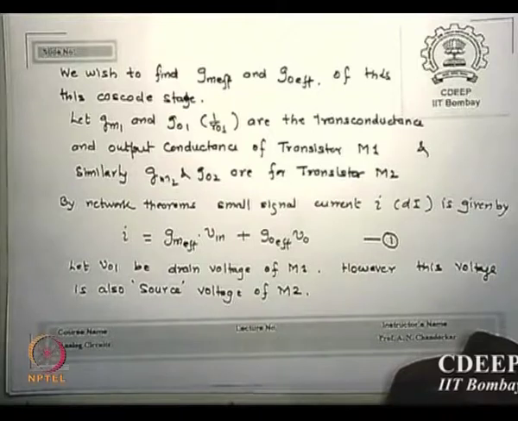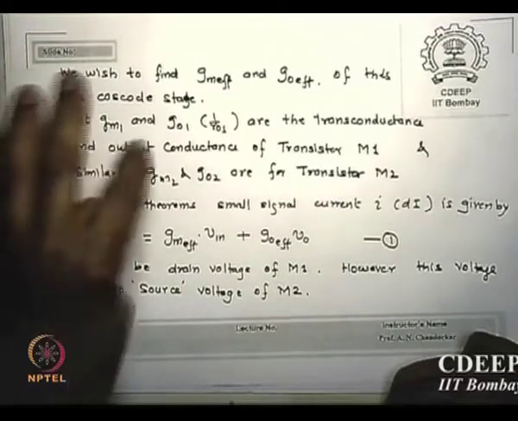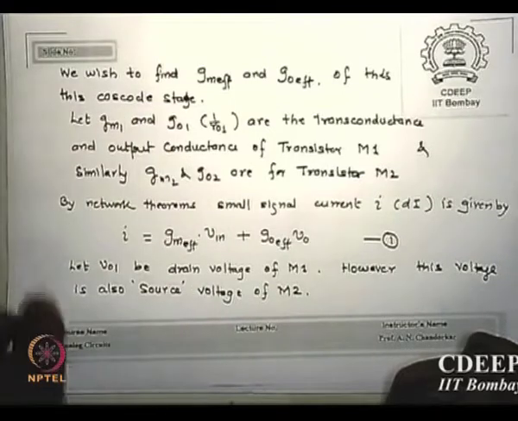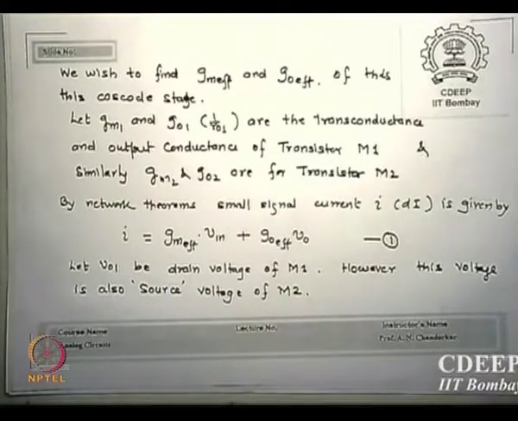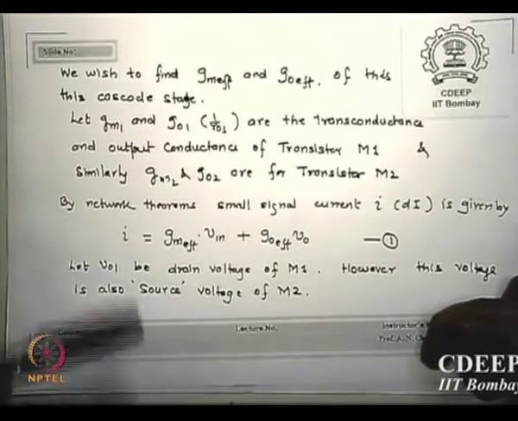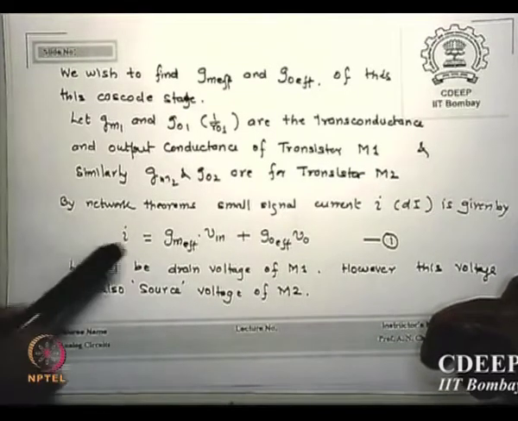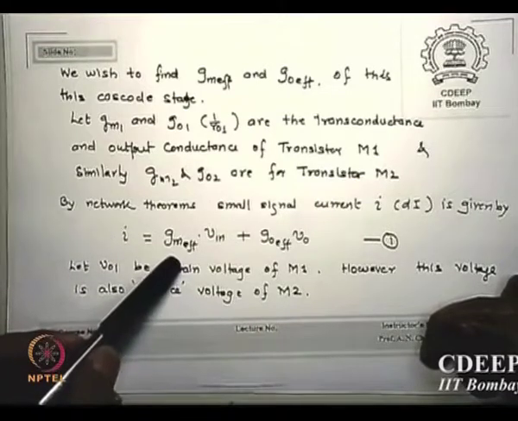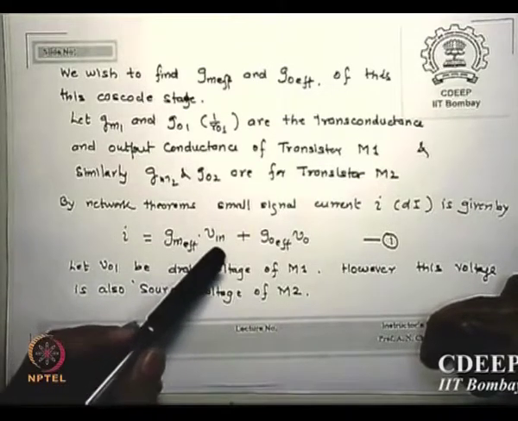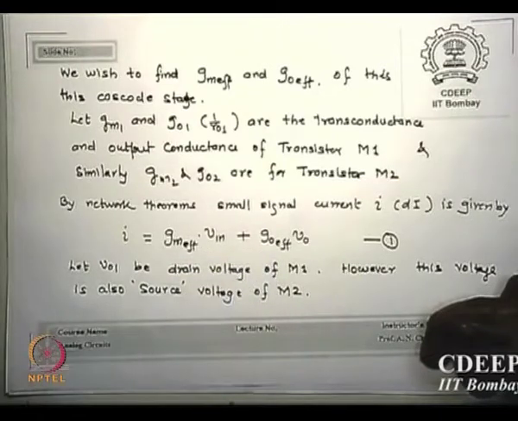Let GM1 and GO1 be the transconductance and output conductance of transistor M1, and GM2 and GO2 be the similar numbers for M2. Names GM1, 1 is for M1, 2 is for M2. Is that okay? So if I define GM1, GO1 and GM2, GO2 for transistors M1 and M2, by network theory the small signal current flowing in both transistors is I, which is equal to GM effective times Vin plus GO effective times VO.